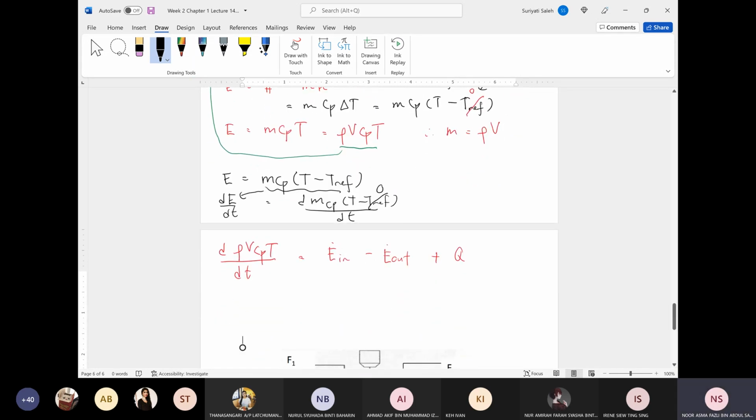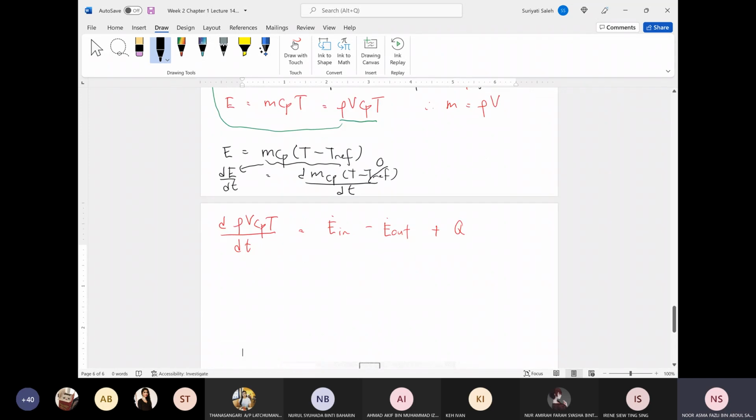So now we have d rho V Cp T over dt on the left-hand side. We focus first on this highlighted part. On the numerator, we have 4 variables: density, volume, Cp, and T. Among these 4 variables, the density and the heat capacity are constant. These normally are constant variables.